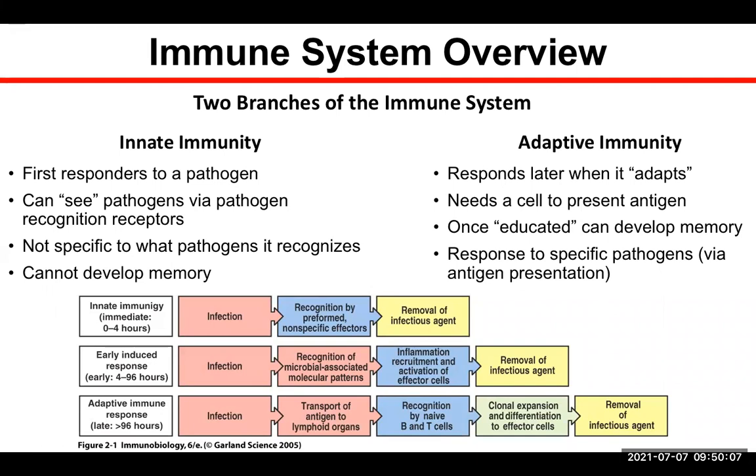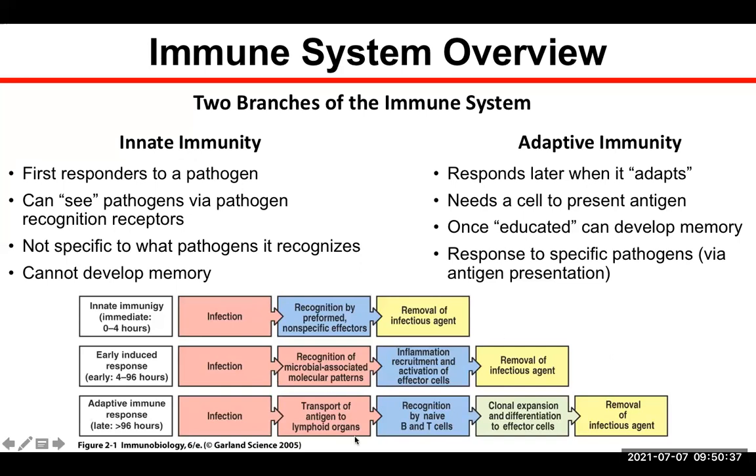Now, if the infectious agent has been troublesome because it's evaded the immune system a bit or has been replicating in cells and hasn't been detected, then that's when your adaptive immune response takes over. And notice how long this takes. It takes almost 5 days before the innate immune system starts to talk to the adaptive immune system to mount a specific response.